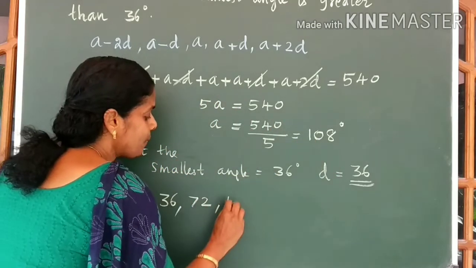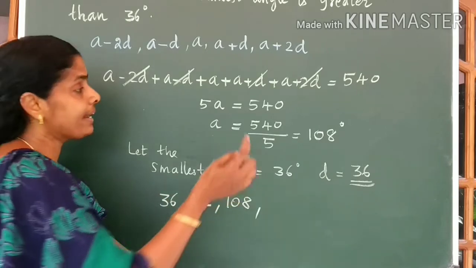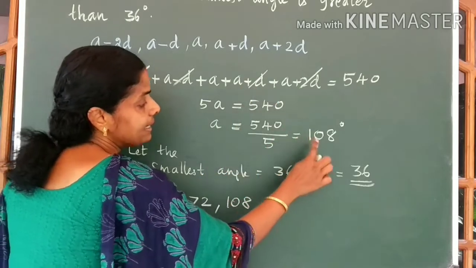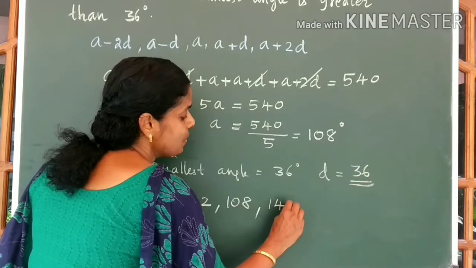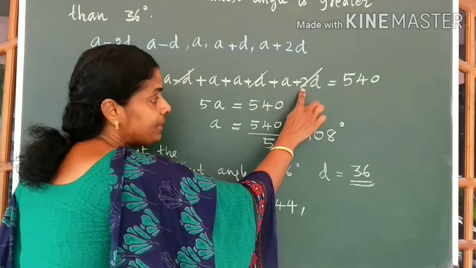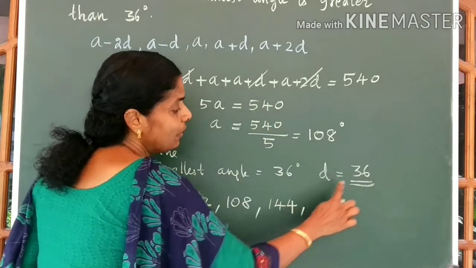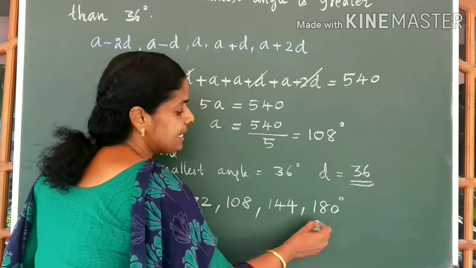A, which is equal to 108. And what about the fourth angle? A plus D, that is 108 plus 36, which gives you 144 degree. And the fifth angle, 144 plus 36, you get 180 degree.